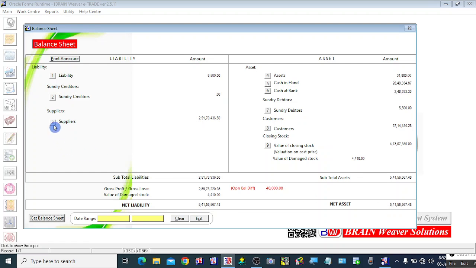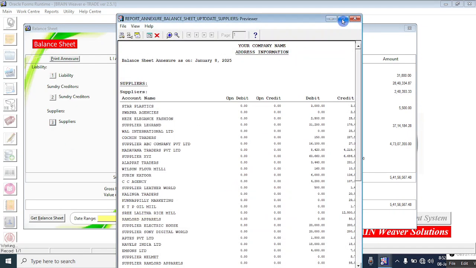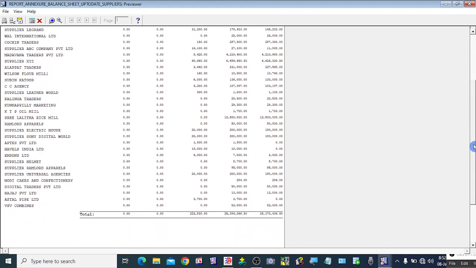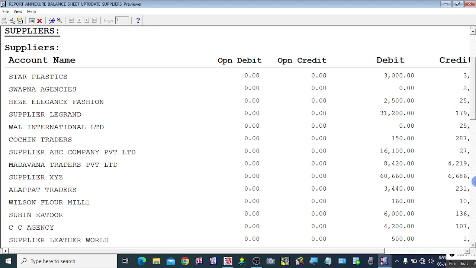Here the suppliers payable, or sundry creditors, is showing so and so amount. To get the annexure of the suppliers, by clicking this suppliers annexure button, we will get the breakup of all the supplier information with total payables.